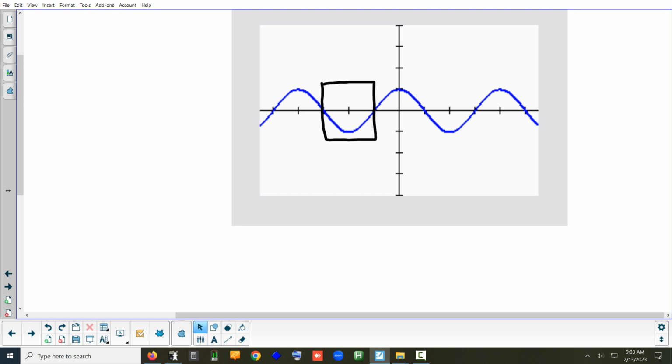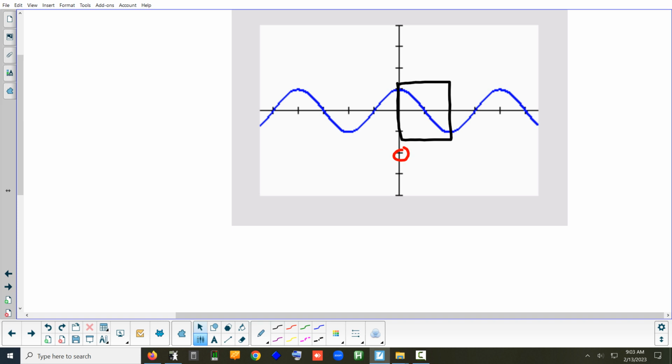How about that section right there? Does it pass there? No. All right, well, let's try negative 90 to 90, because that's what we did before. All right, there's negative 90 to 90. How's that? No. All right, well, let's keep going. How about right there? Yeah, that section's perfect.